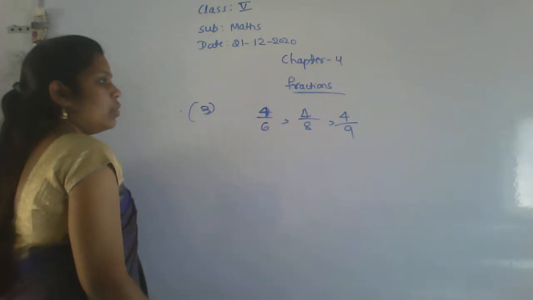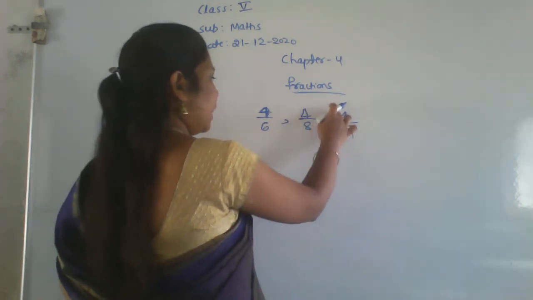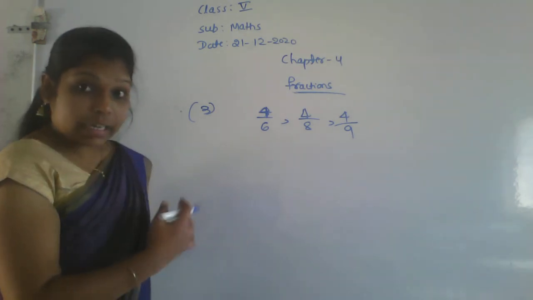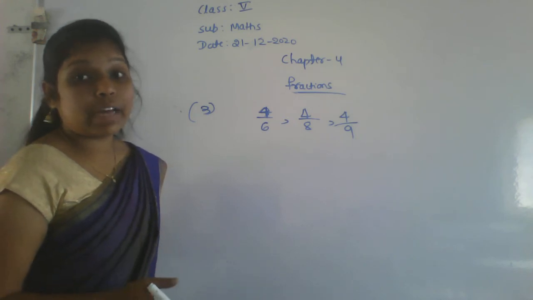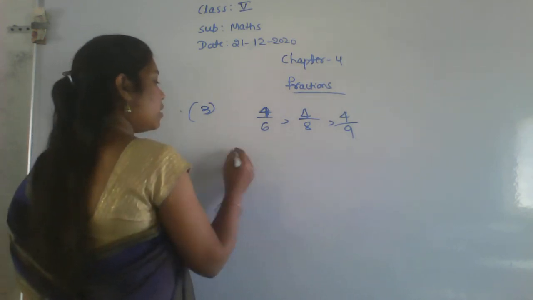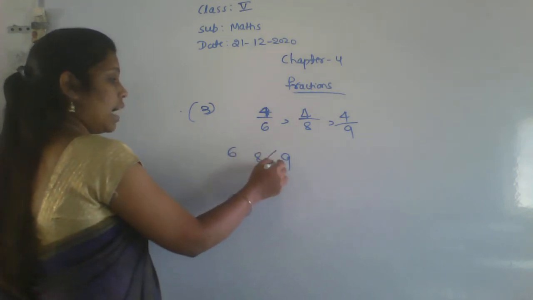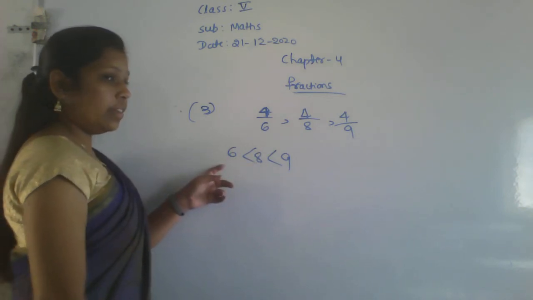Okay, so here 4 by 6, 4 by 8 and 4 by 9. The numerator is the same, but the denominators have different values. If we want to compare, we need the same value in the numerator, and here we have it. So observe here 6, 8, 9. Which value is the greater? This 9 is the greater, right? 9 is greater than 8, and 8 is greater than 6.